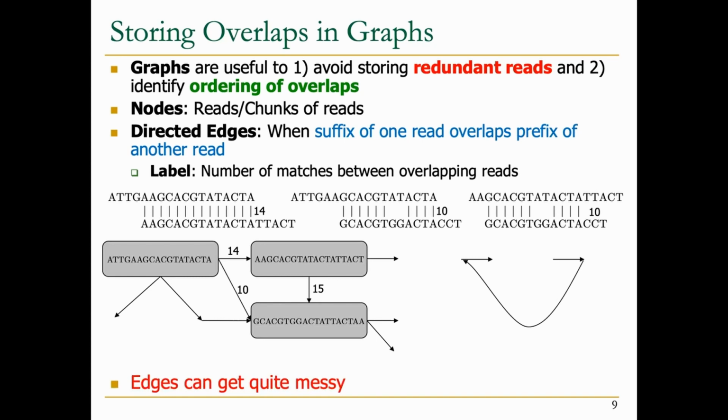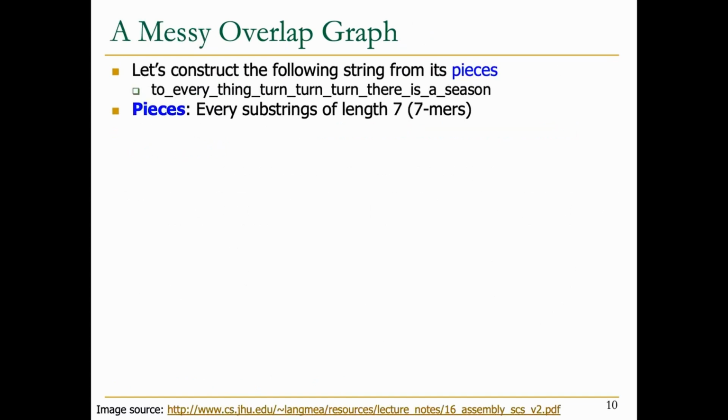If you just leave this graph as is, we know that the edges can get quite messy, because you will usually have millions of reads and maybe the same order of connections between these reads. So you have connections everywhere, many nodes, etc. It will be really hard to get some information out of such a graph. Maybe it's even NP-hard, right? So our goal is going to be to reduce that complexity, to do some cleaning up.